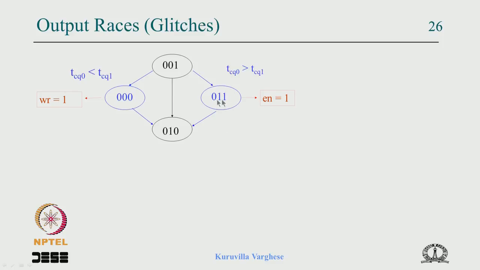Because this could be a valid state in the state diagram or a part of our control algorithm. Assume that there are two outputs called enable and write, and that is 1 in this state which is valid. So what happens is that when the clock comes and the present state changes from 001 to 010, these outputs will briefly go active.